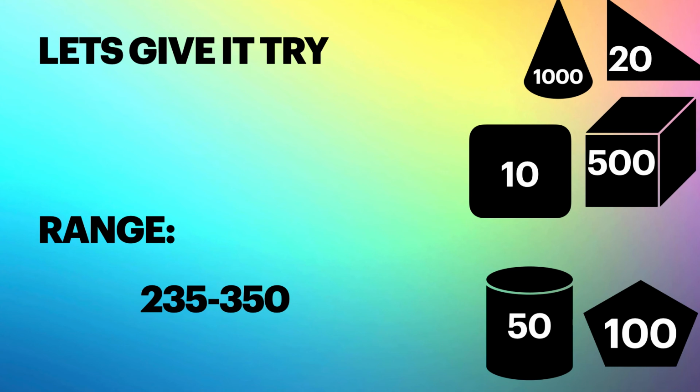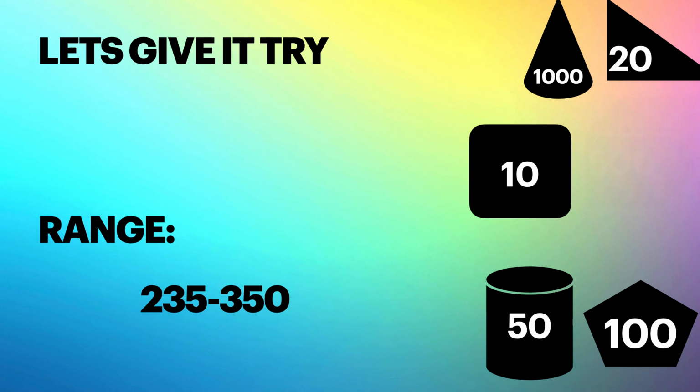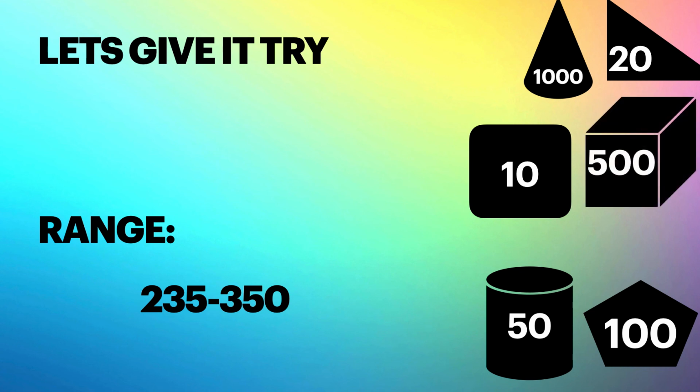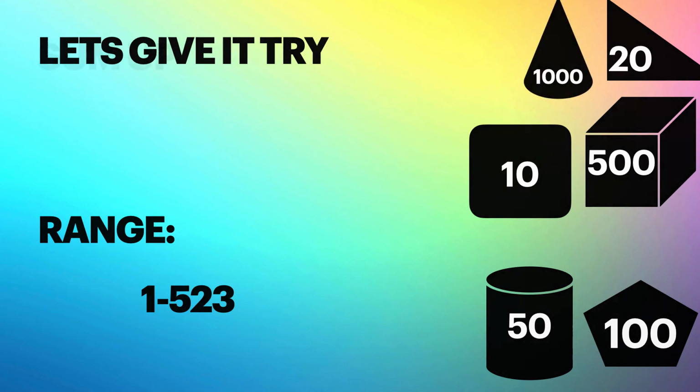It's a little easier to work with 500 and count by 50s than count by 40s. And what about 101 to 523? Well, we've gone past 500 this time, so 500 will no longer work. But I certainly can use 1,000, and then I can count by hundreds on my scale.